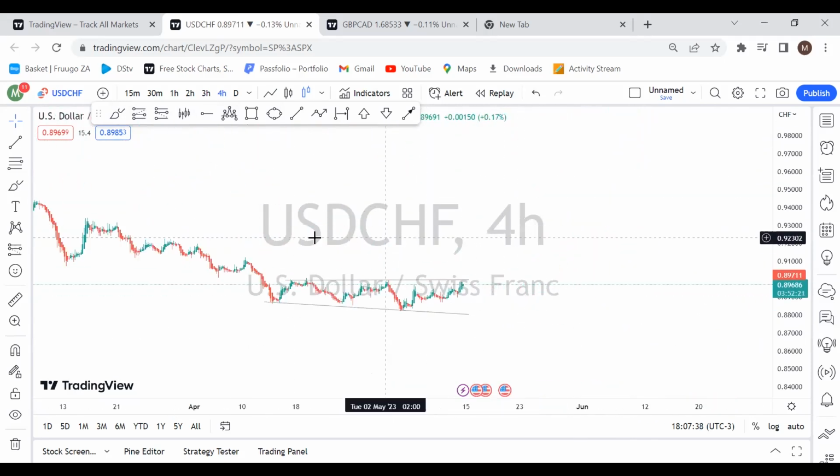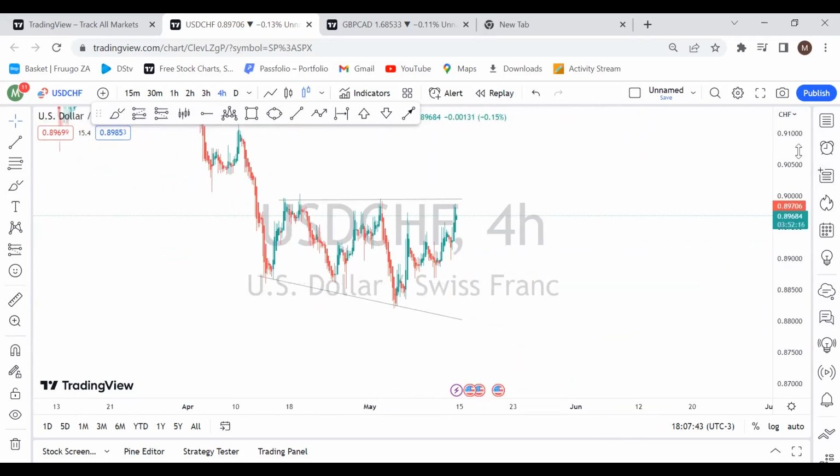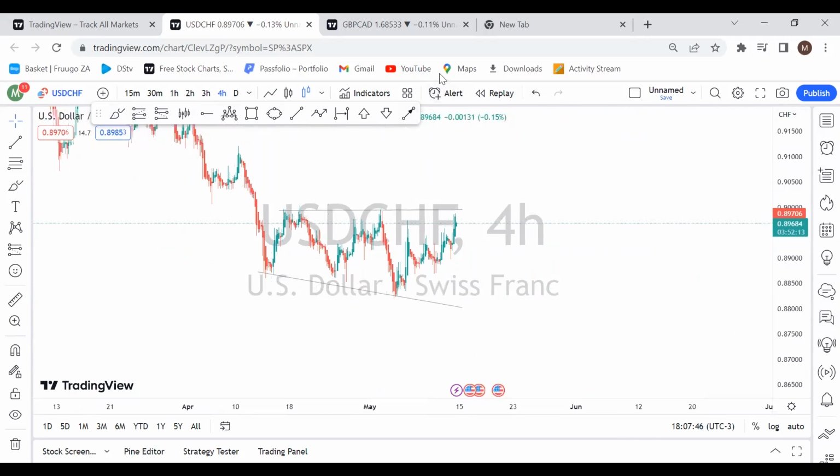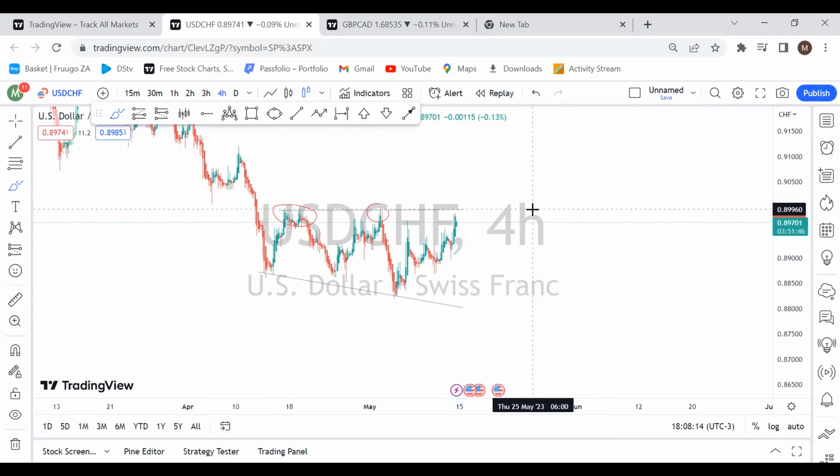But then in terms of our quick setup right there, you have your flag, which consists of 1, 2, 3 points, right? Or touches, right? So this means it's a very good correction or flag or structure, whatever you wanna define it as.